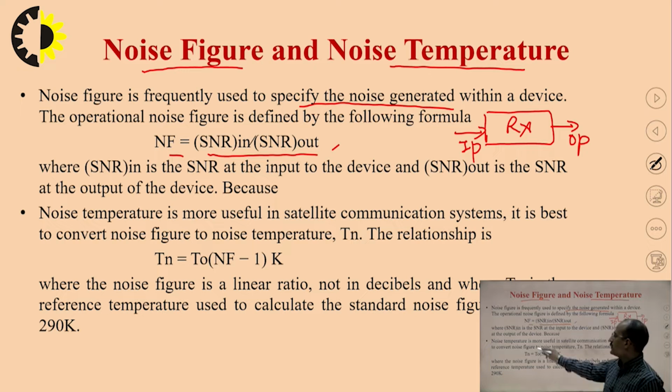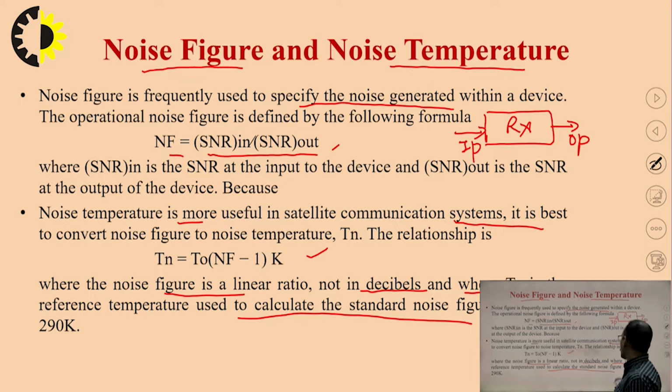Noise temperature is more useful in satellite communication systems, as it is best to convert the noise figure to noise temperature Tn, and that relationship is Tn = T0 (NF - 1) Kelvin, where the noise figure is a linear ratio, not in decibels, and T0 is the reference temperature used to calculate the standard noise figure, usually 290 Kelvin.